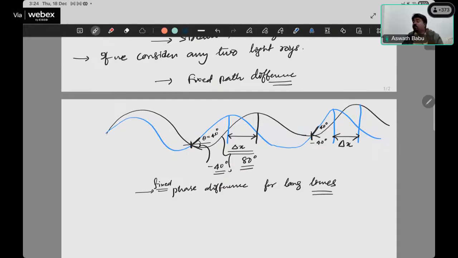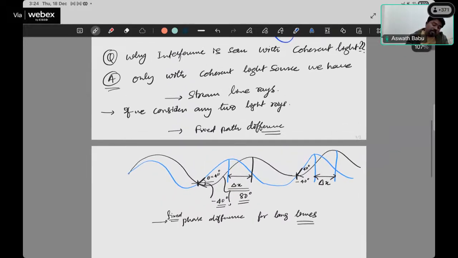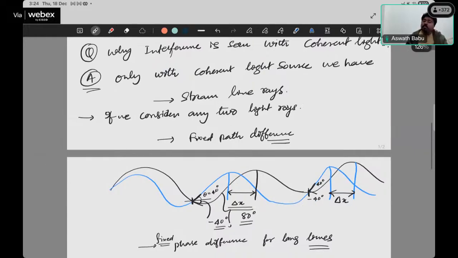So these are the deciding factors whether the light rays are coherent or not: path difference and phase difference. Obviously, they are coming from a coherent light source, so they have a fixed wavelength and fixed frequency, but path difference and phase difference are the very important ones. Because of these factors, when these two rays come and hit a point with opposite phase, they destructively interfere.